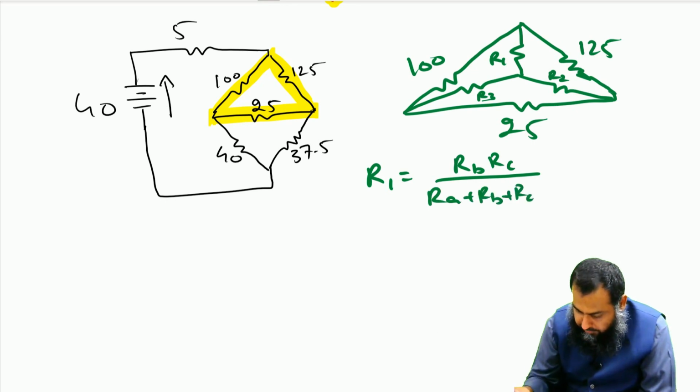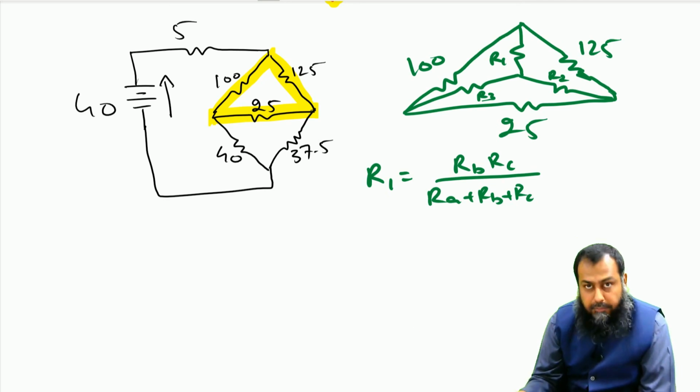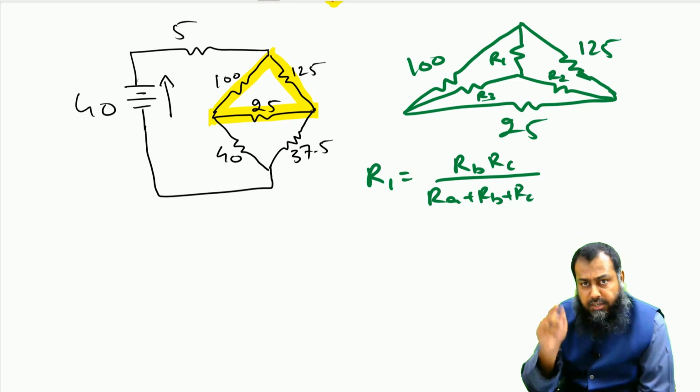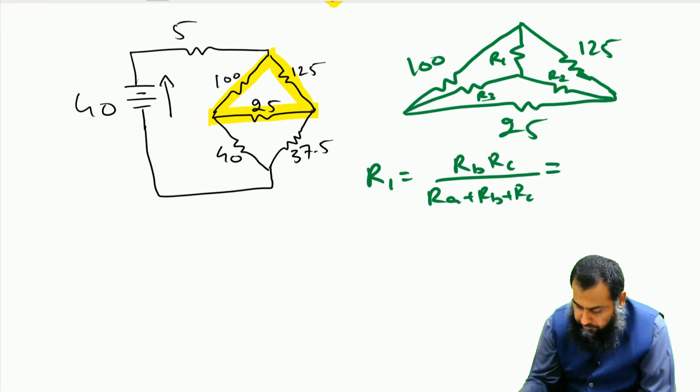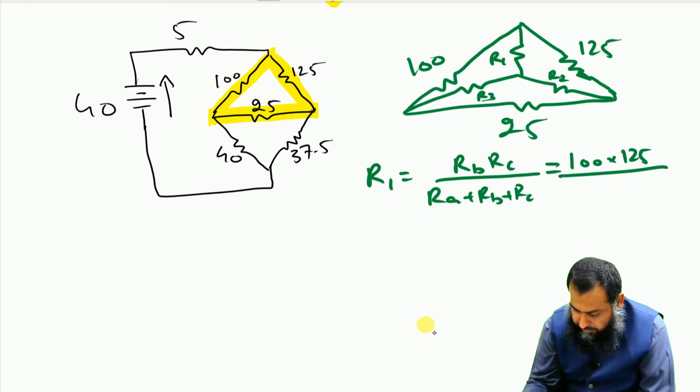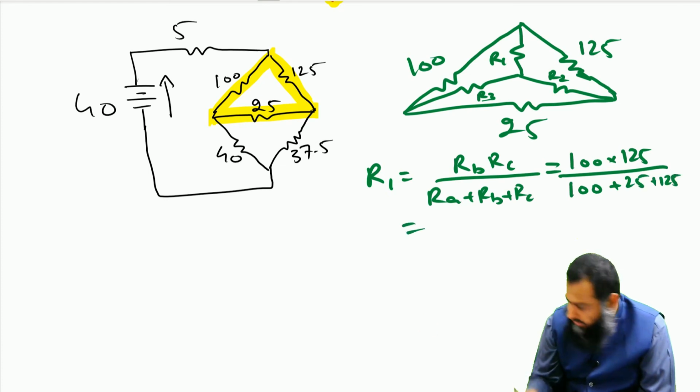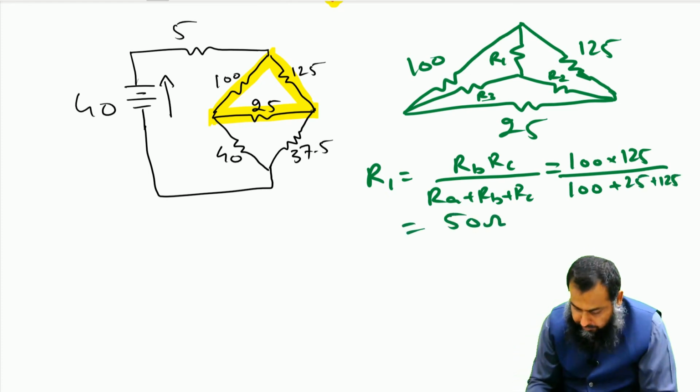Now, we know that the resistances having the direct connection with this R1 are to be multiplied and put in the numerator. So, that is equal to 100 into 125 divided by 100 plus 25 plus 125, and that is equal to 50 ohm.